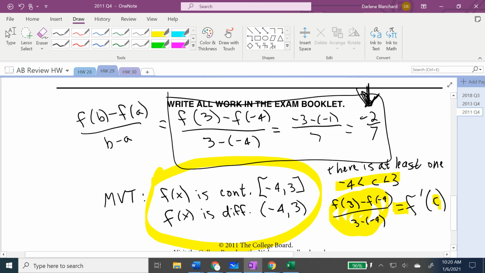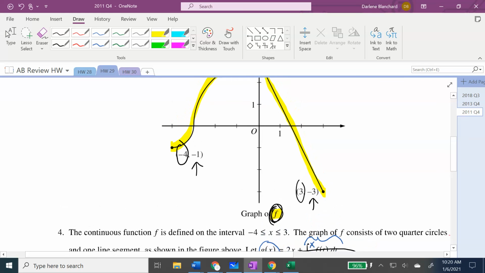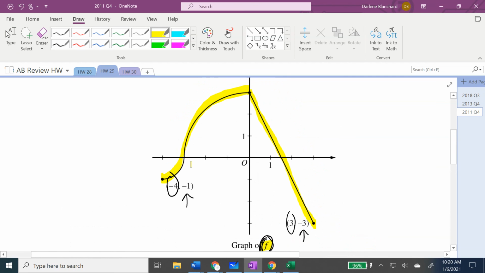Now I'm going to go back to the graph of f. f is definitely continuous from beginning to end, but do you see that it's not differentiable right here? It's got an instantaneous change in slope where it skips over a bunch of slopes to go from its left side to its right side. It's a sharp turn in the graph.